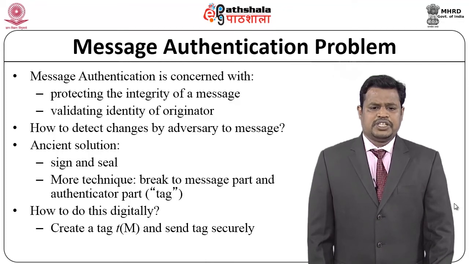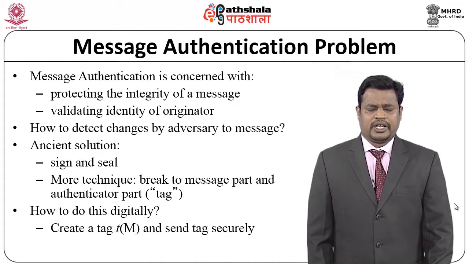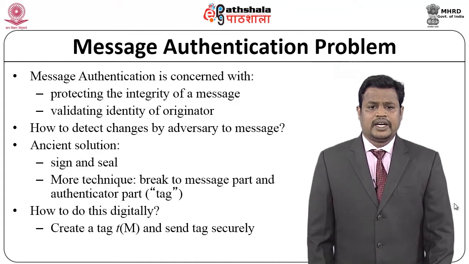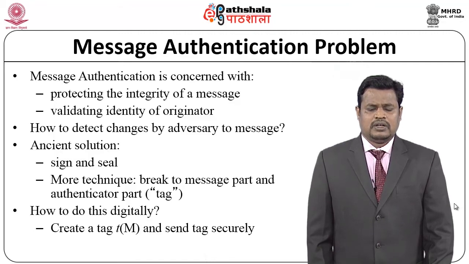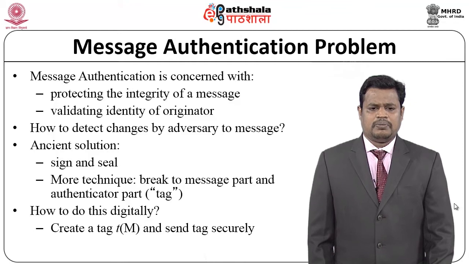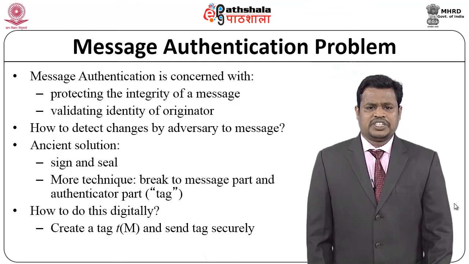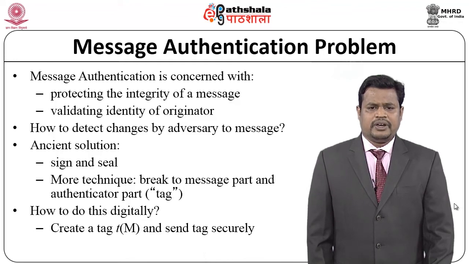So how do we detect changes by an adversary to the message? Normally, whenever a document is given to a person, anything related to official documents, we usually have the sign and the seal of a particular person. That is an ancient solution. We have a seal, a stamp pad, and we use that seal and also the signature of the person to ensure that whatever content is given is given by the respective sender.